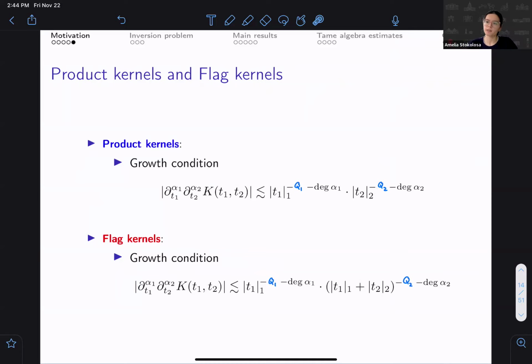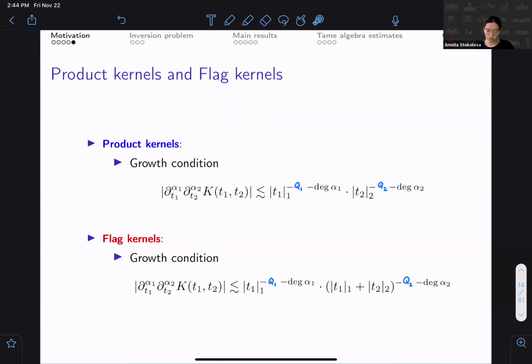Just like with the Calderon-Zygmund theory, you need to define a growth condition, sometimes called the size condition. Let's look at product kernels for a second. Away from the singularity, product kernels can be identified with a smooth function with some nice decay properties.